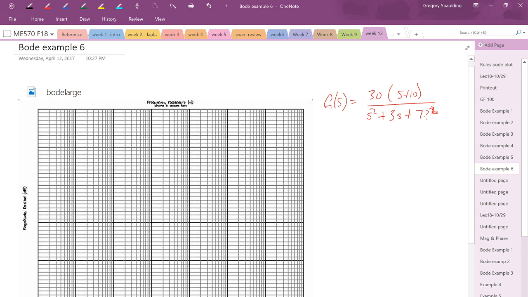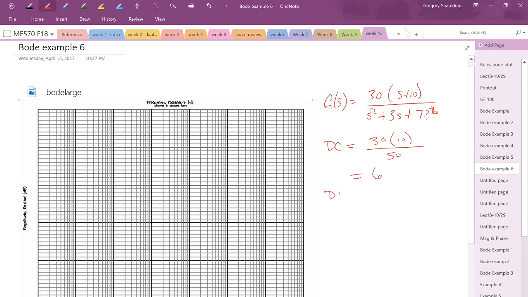And so we've got the system. Let's first start with the DC gain, just like we have been. The DC gain is going to be 30 times 10 divided by 50, and we work that out, and it ends up being 6.